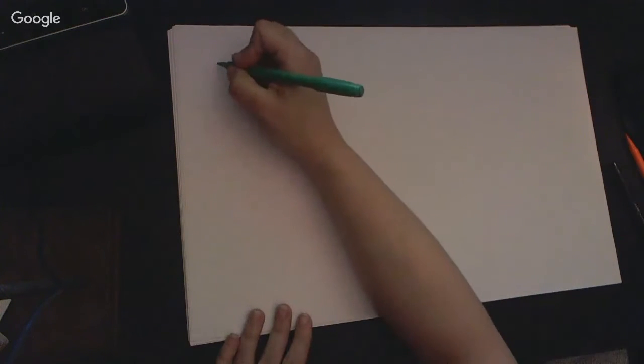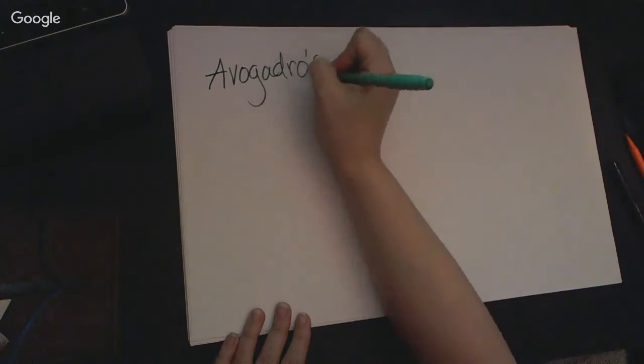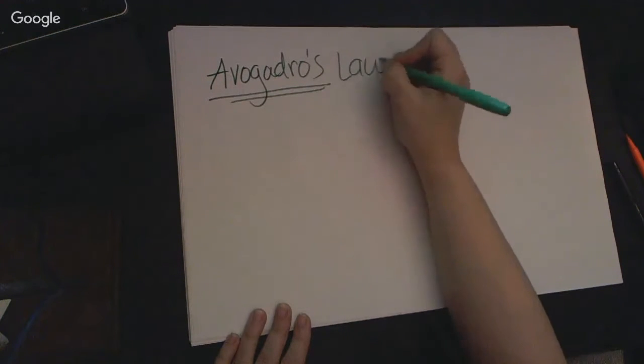Okay. The other thing that showed up on the Google form was a question about Avogadro and his law, and doing math with it.